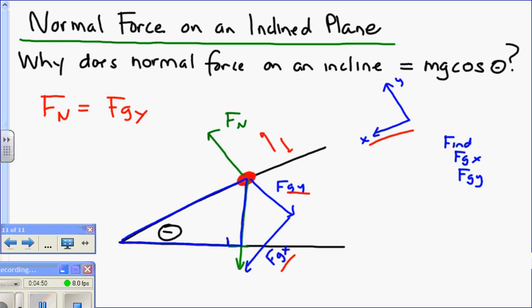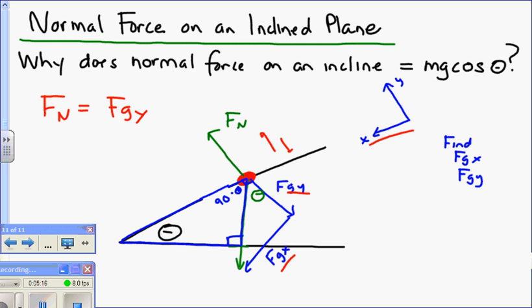This must be 90 degrees, and this must then be 90 degrees minus my angle. If you think of 180 on the inside, that angle there must be 90 minus theta. That means, considering that's a right angle as well, this right here is theta.